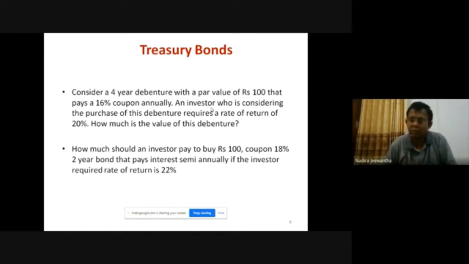Also remember, how do you find out the number of periods? Based on what? Remember we discussed? Based on the coupon payment frequency, the number of coupons. Now the first question, remember that we did a 4-year debenture, 100, and pays 16% annual.